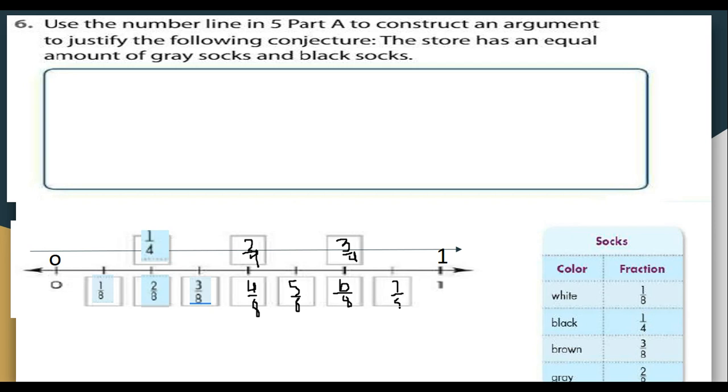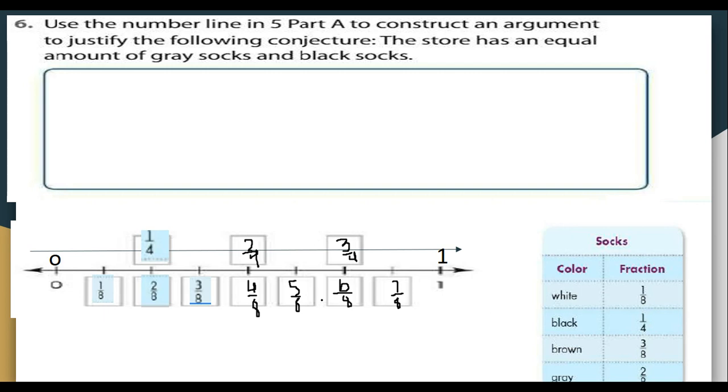Okay. So again, with our question, there's a statement that was made. It says the store has an equal amount of gray socks and black socks. So on our chart, we know that 1/4 of the socks were black. And then we know that 2/8 of the socks were gray.